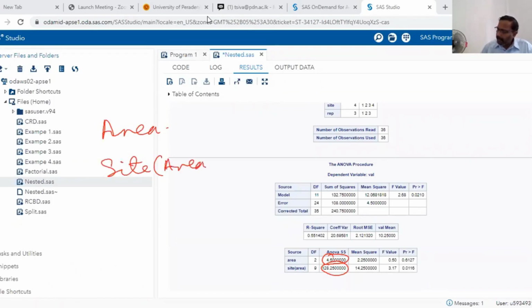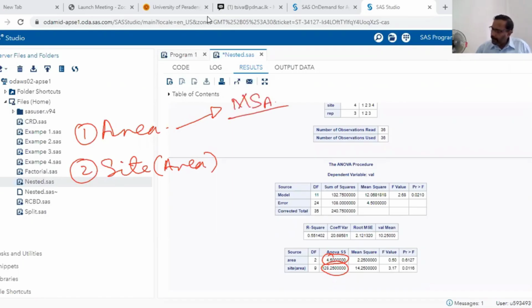So we'll have to test these two, not only one. For testing area, mean square of area divided by mean square of error. So that we have already tested, right? Computer has already given directly.